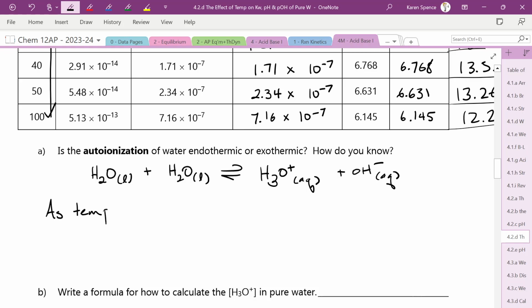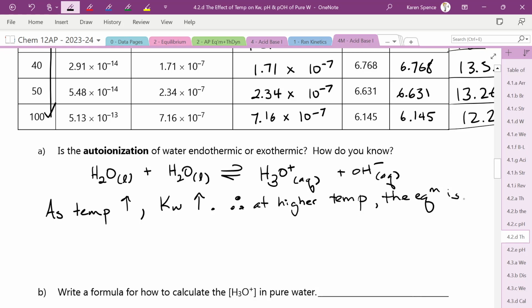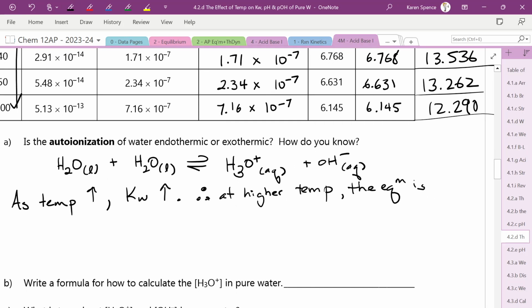Therefore, at a higher temperature, what has happened to the equilibrium if Kw is larger?